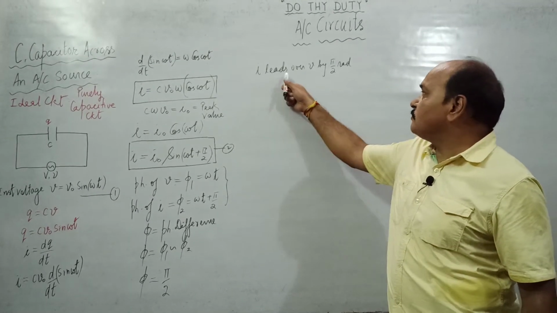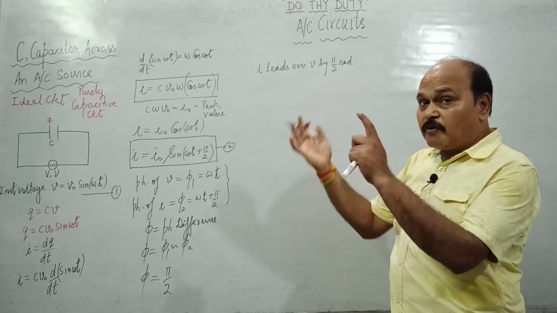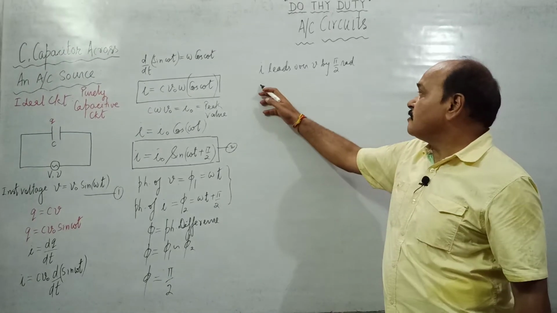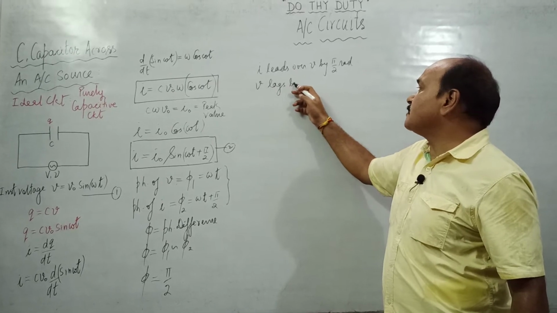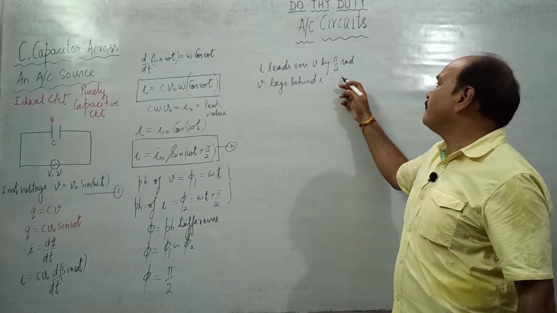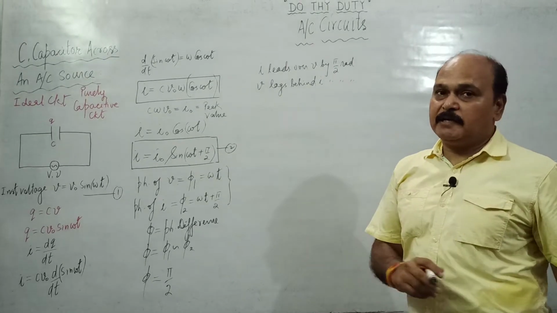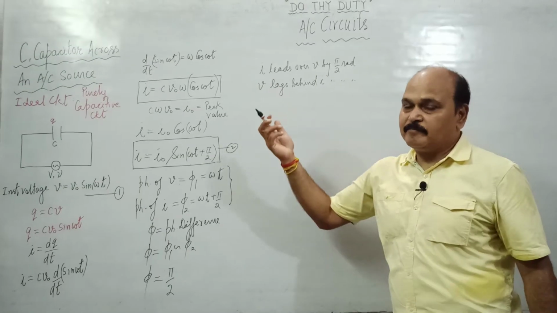I leads over V by phase pi by 2, or we can transform it and write it as V lags behind I by phase pi by 2 radian. So I leads or V lags means the same.